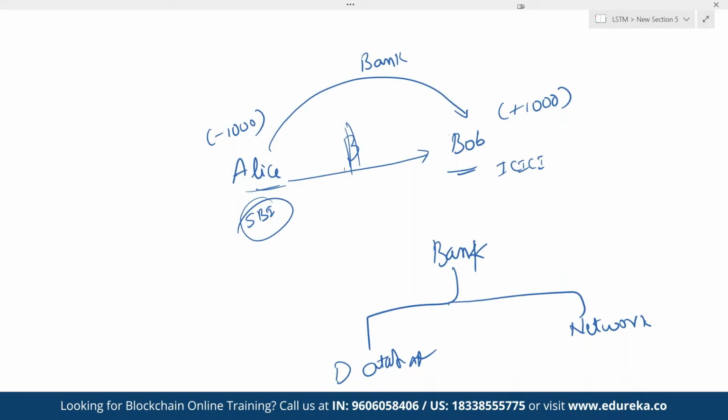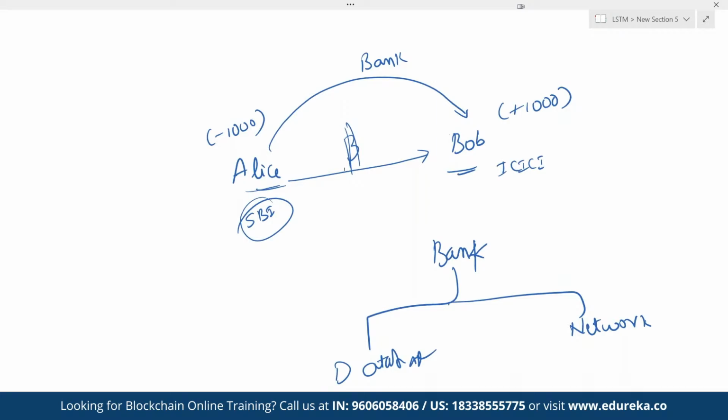The database keeps track of how much money Alice has, and the network is where Alice can connect to a blockchain in order to send the money. When she does, the blockchain processes her transaction and moves the funds from her account to Bob's account.